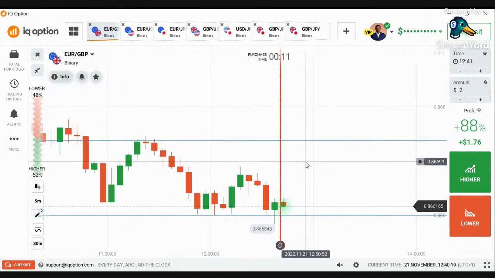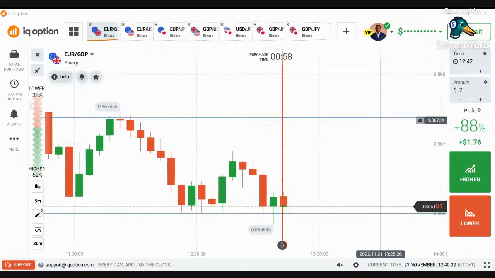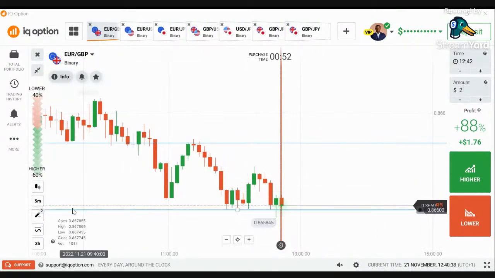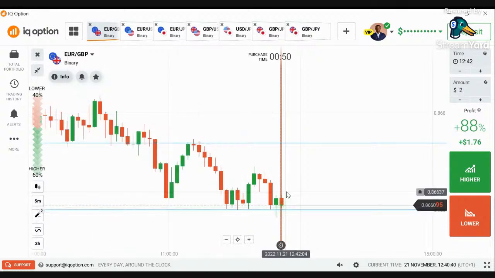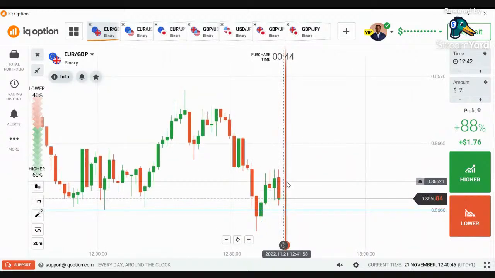Oh, now you see Euro JPY, Euro GBP. The market traded down, but observe the bodies of the candle couldn't close below the low. Just like I told you, that's a sign of consolidation, of ranging. Market is not yet ready to sell, or maybe it might sell now.